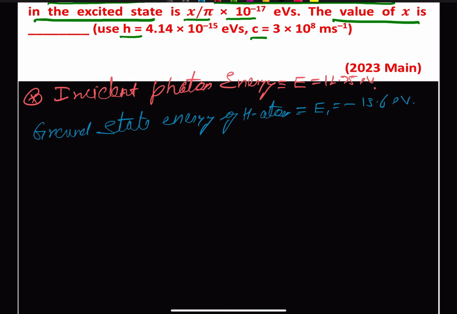and it says that it jumps to a different level. So it means in the ground state the electron already has this much energy, and the energy it is going to gain from the photon will be equal to 12.75.